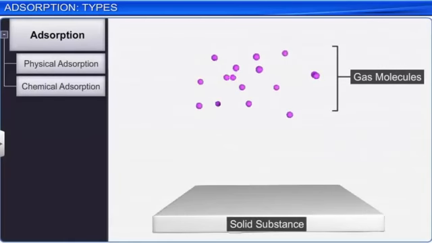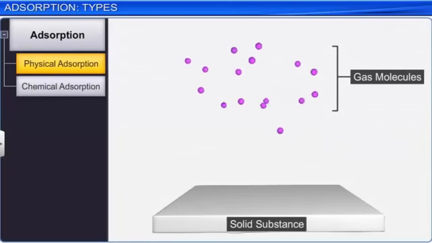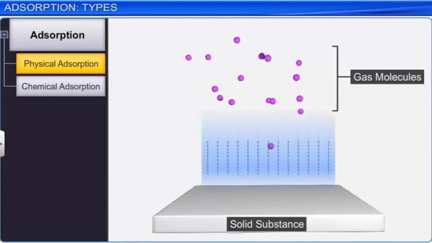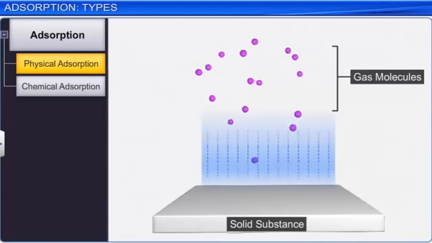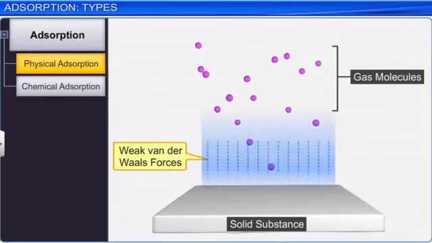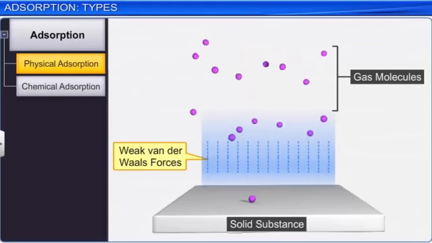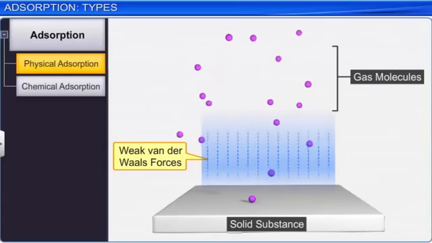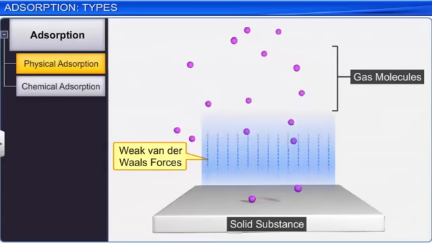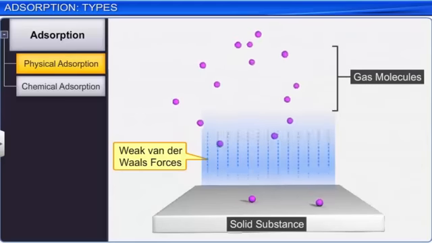Let us discuss physical adsorption first. When gas molecules or atoms are held to the surface of a solid by weak van der Waals forces, it is called physical adsorption. Physical adsorption is also known as physisorption or van der Waals adsorption.